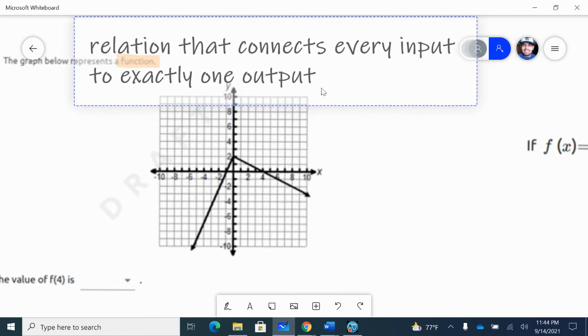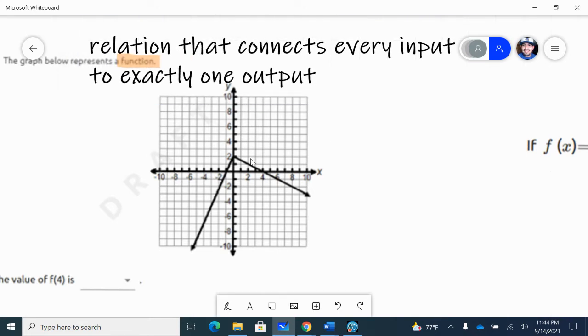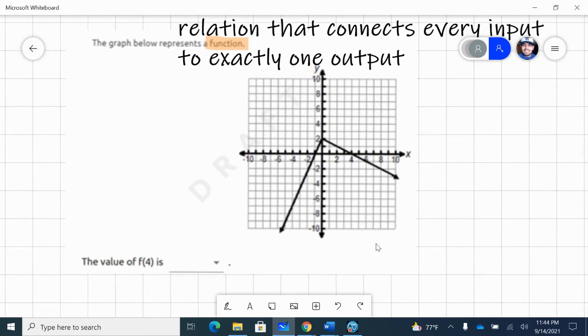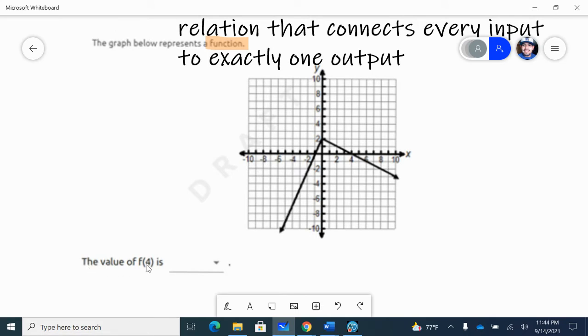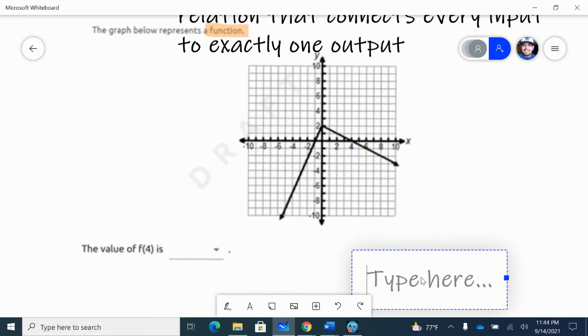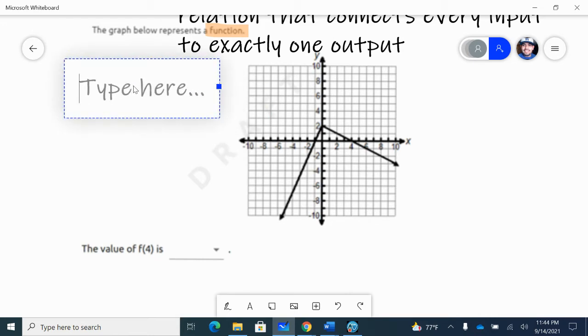I'm going over here so you can see it a little better. You're given the input, the x's, and the y. That's what creates the line. It's all the points. So going back to the question, it says the value of f of 4 is, well, let's not forget what this actually is. When we talked about this in class, we said a function can be written in the form f of x.